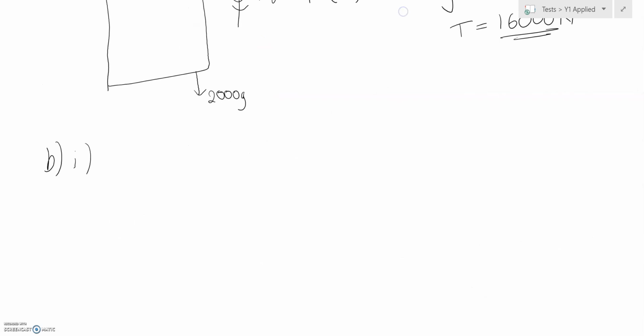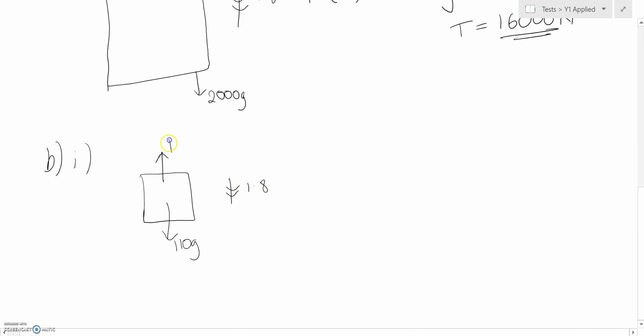So let's draw box A. Box A has a weight of 110 G. It's accelerating to the ground at 1.8, and it's also being pushed up by box B with a force of RA. So that's all the forces that belong to A.